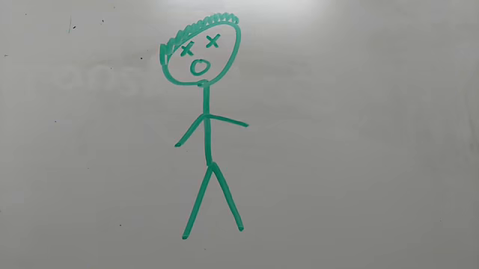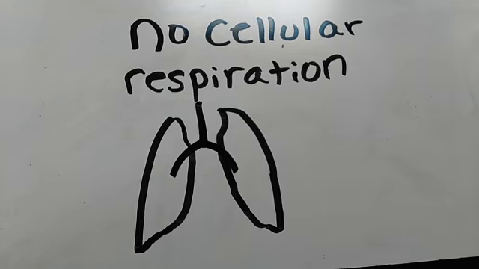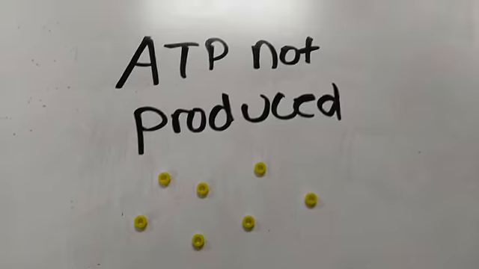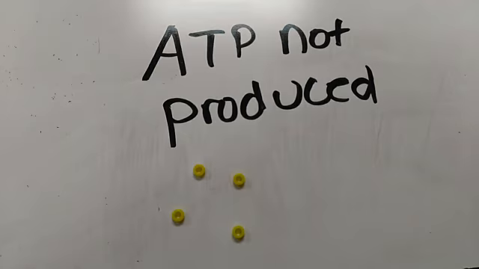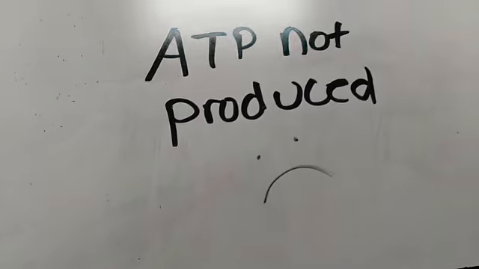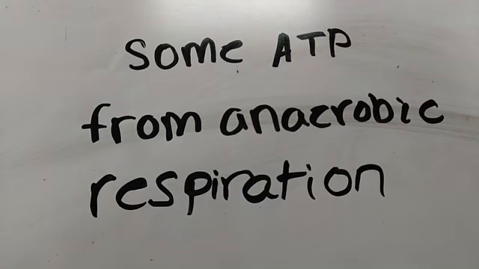Upon death, the body is incapable of obtaining oxygen through breathing. In the absence of oxygen, the conventional method of producing ATP, cellular respiration, becomes impossible. As a result, the regular amount of ATP is not produced.